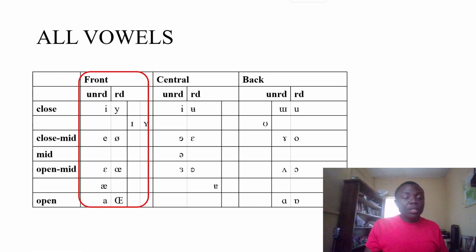Just trying to summarize that information: front, central, and back vowels. Those are all of them, unless there are others, of course.